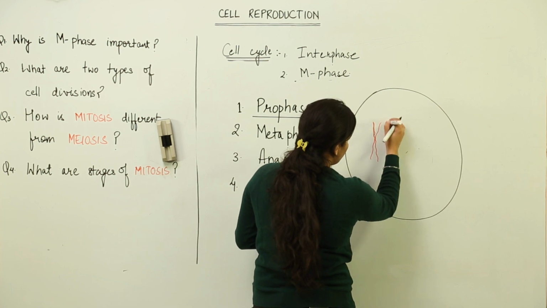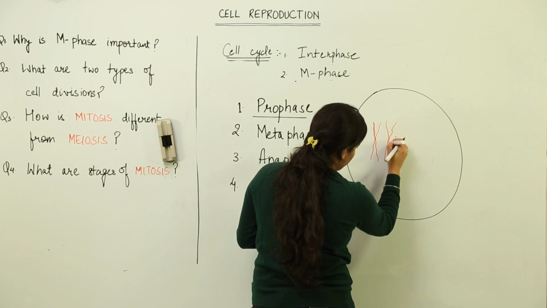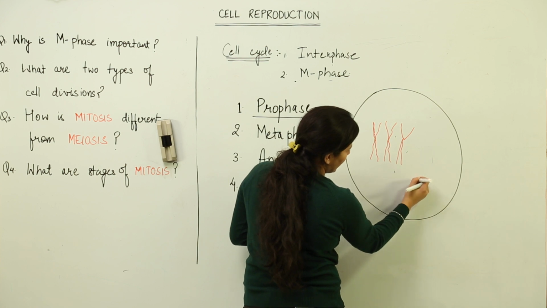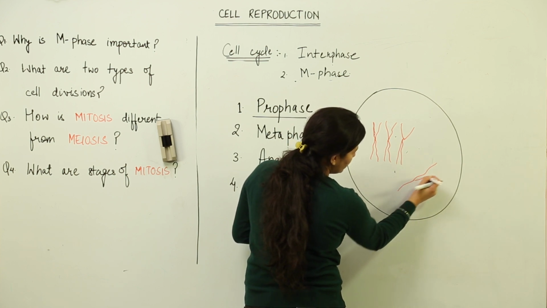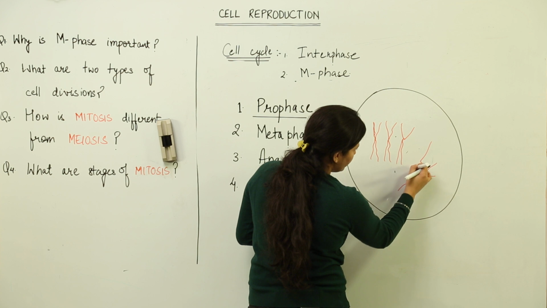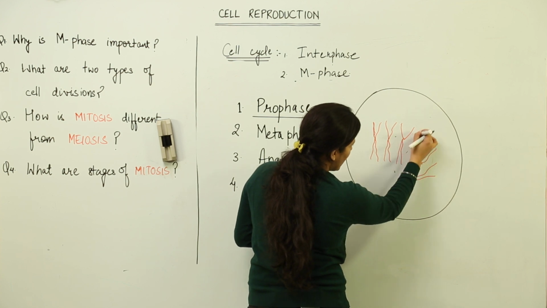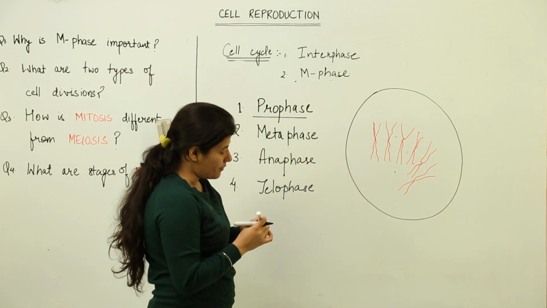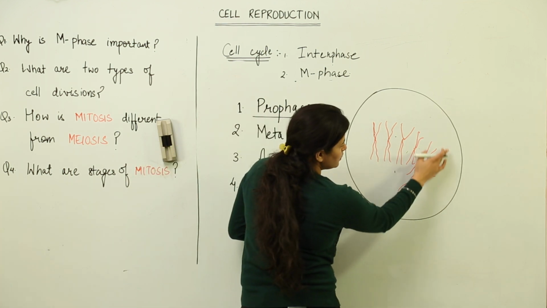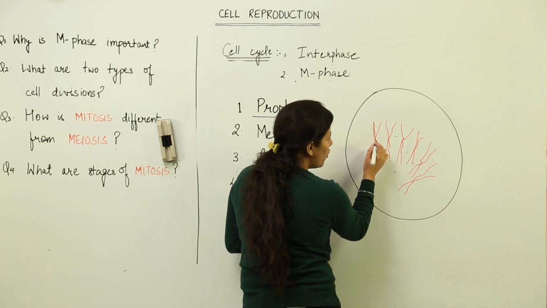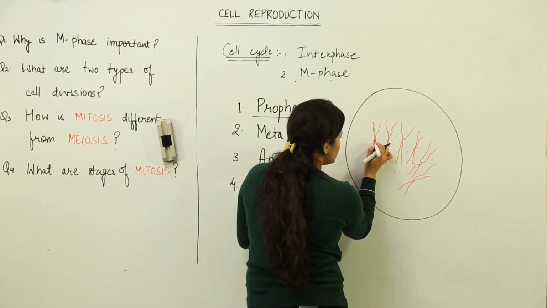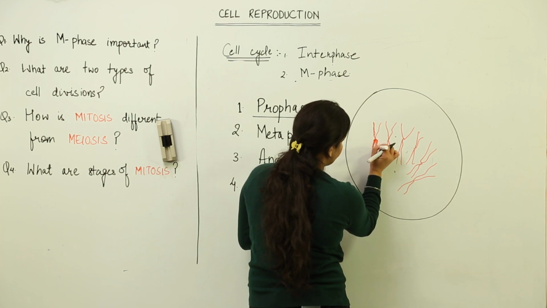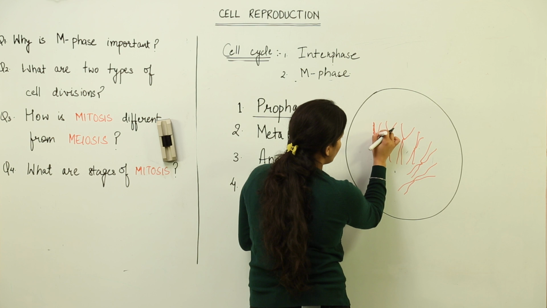The earlier chromosome that I drew looked better than this; it somehow resembled a butterfly. This is scattered everywhere because the nuclear membrane has dissolved. So when prophase is completed, the chromatin material is going to get more condensed, that means it is going to take a better shape as compared to the earlier one.